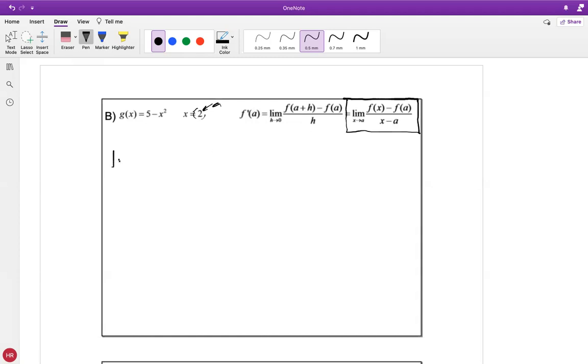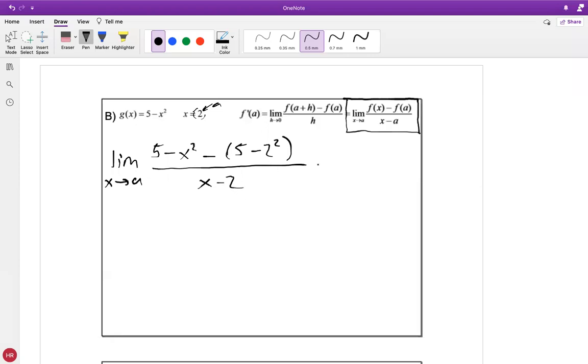So the limit as x approaches a, f of x is just this thing, 5 minus x squared, minus f of a, so a is 2, f of a is 5 minus 2 squared, all over x minus a, so x minus 2, because a is 2 in this problem.